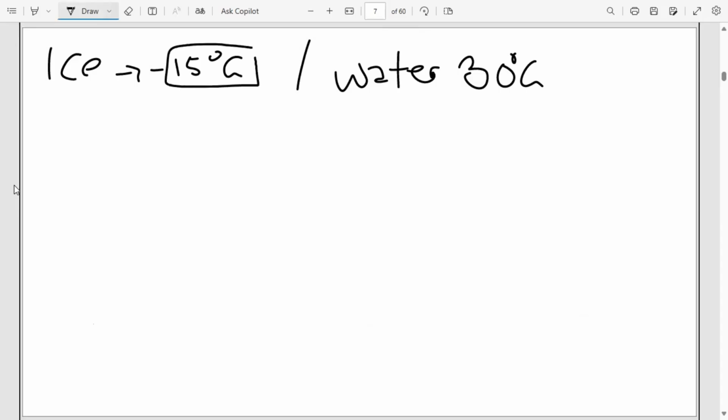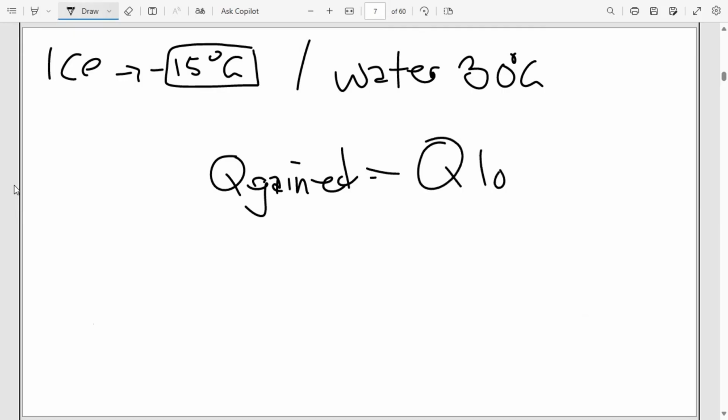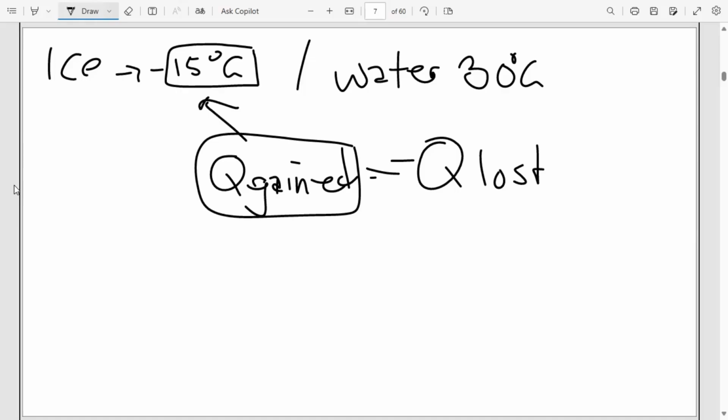Before we talk about the ice, we said that for equilibrium temperature to be reached, you're going to notice that Q that is gained will be equal to Q that is lost, or negative Q that is lost. So since this Q that is gained is going to be gained on the part where we have the ice, you're going to notice that we will need Q to change the temperature of the ice from negative 15 degrees to 0 degrees Celsius, like this.